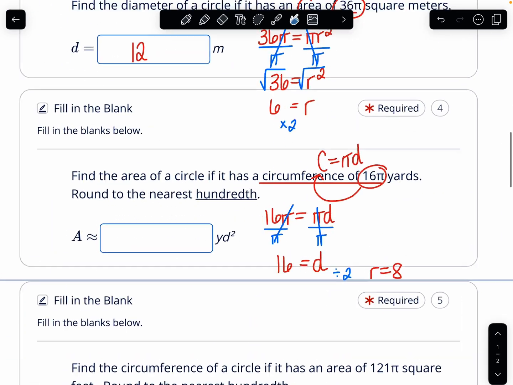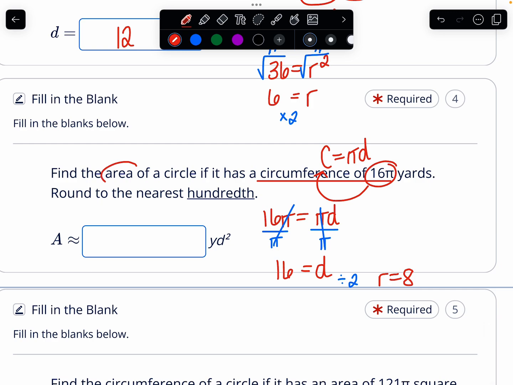But this one says, what is the area? So we have to go a step farther. So the area formula is pi r squared. Now that we know the radius, plug the radius in, pi times 8 squared. 8 squared is 64, 8 times 8. And pi times 64 will give us our answer.